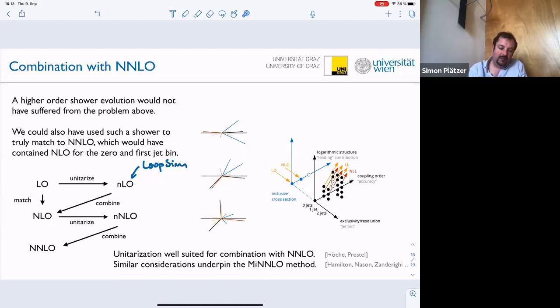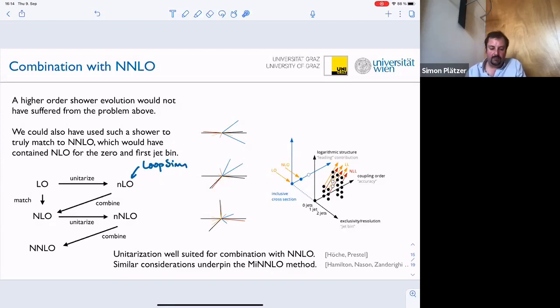But okay, let's continue this pattern of moving here. So now we have seen this. We again identify the problematic guy. We subtract it away. We generate an approximate next to leading order contribution through this.